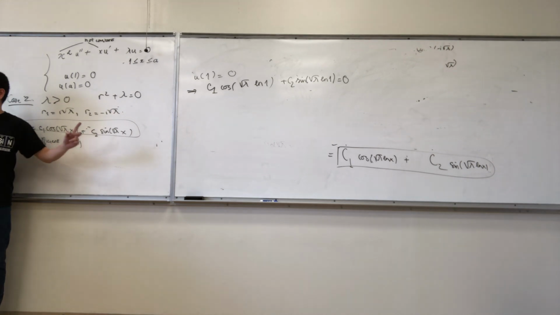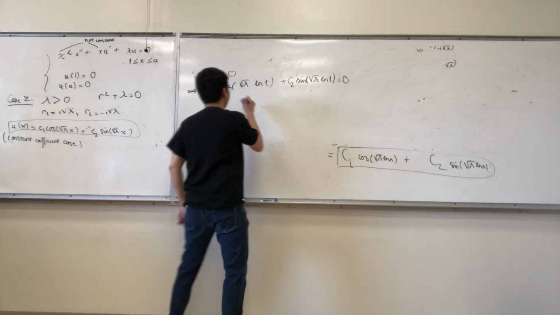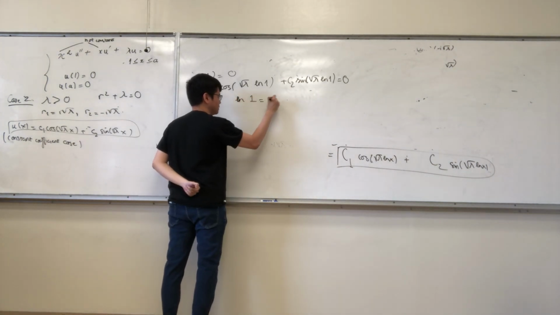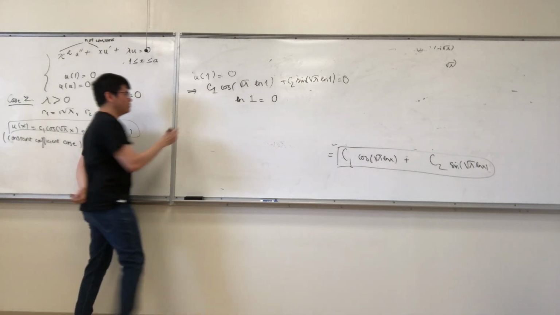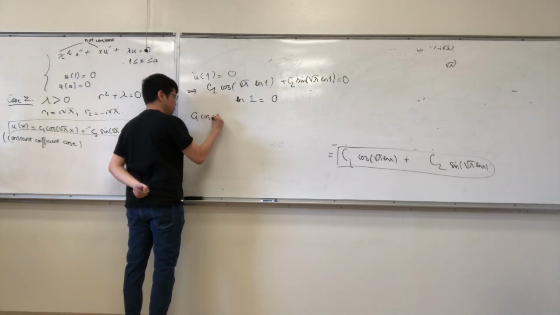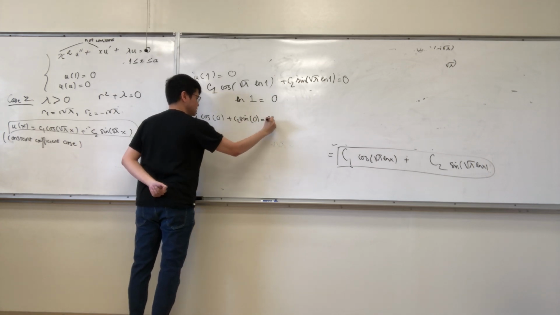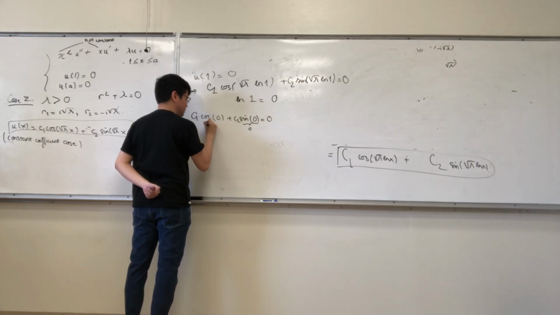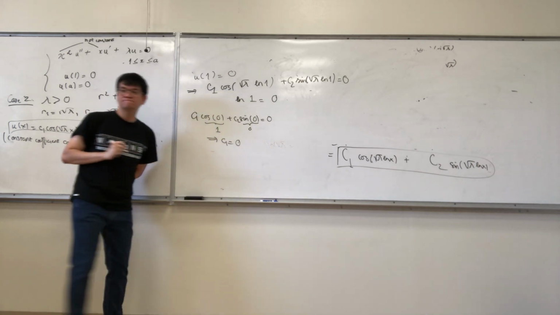You replace x by 1, and log 1 is 0. So c1 cosine of 0 plus c2 sine of 0 is 0. Cosine of 0 is 1, sine of 0 is 0, so c1 is 0.